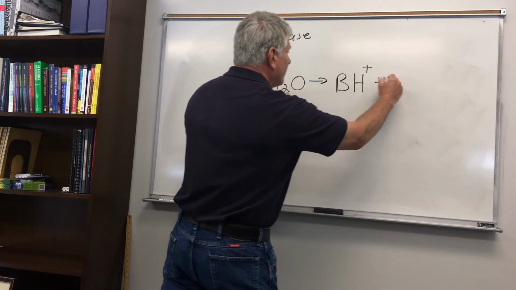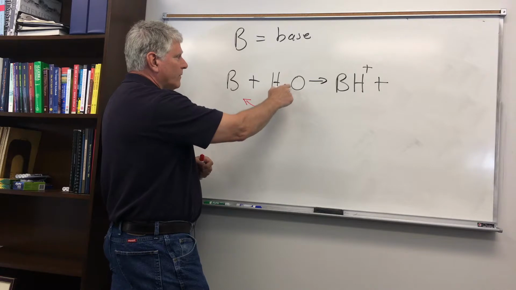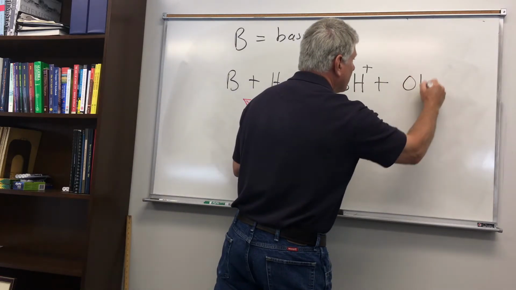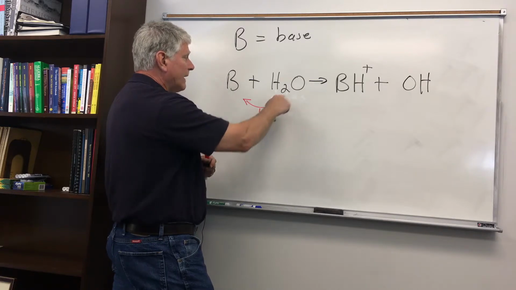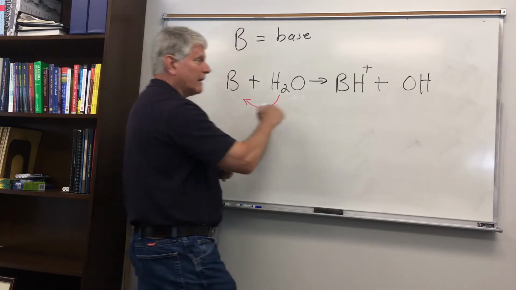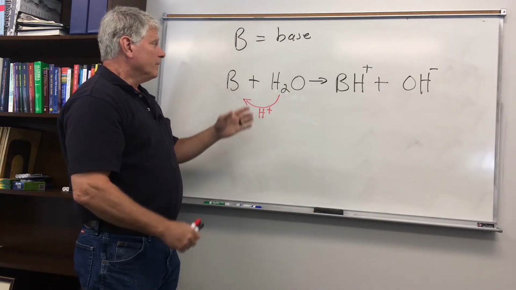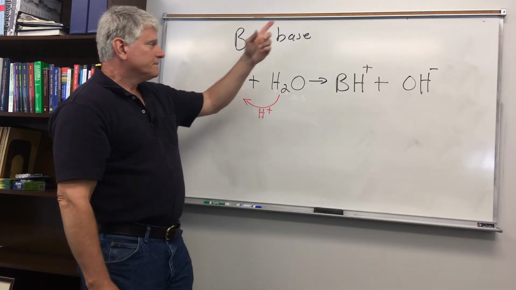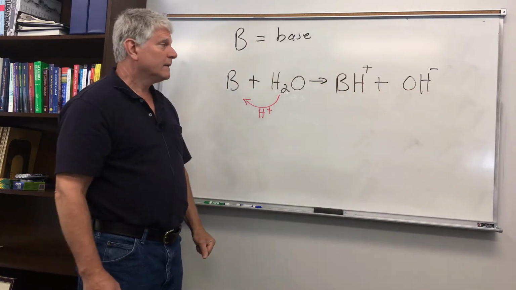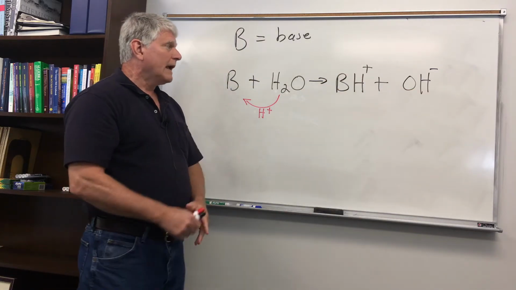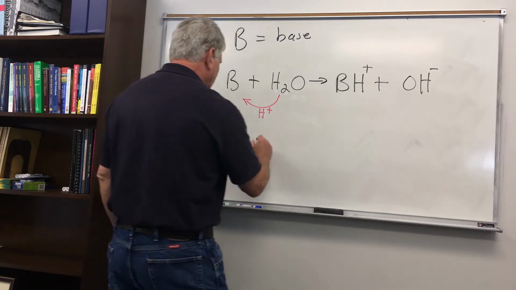And then what's left over from water, so we've lost one hydrogen, so we have OH, and this hydrogen atom has left its electron behind on water because it left without its electron, so the OH has a negative charge. So a general base reaction in water gives BH plus and OH minus. So these are the two reactions, base and an acid in water.